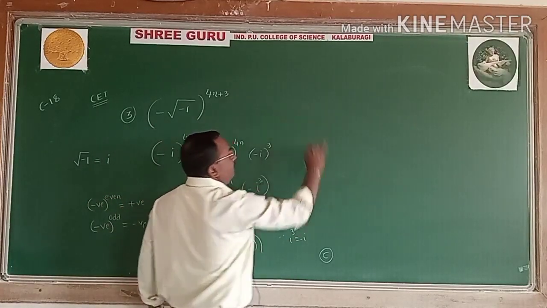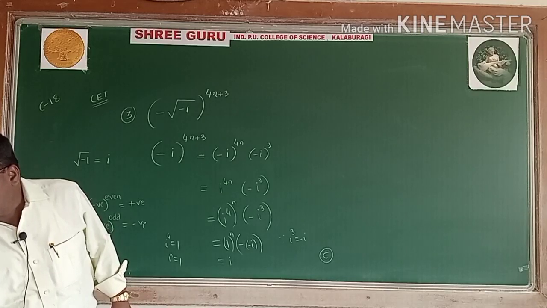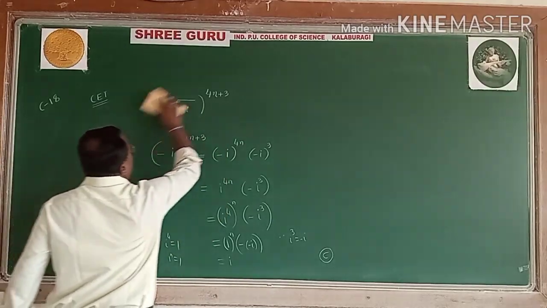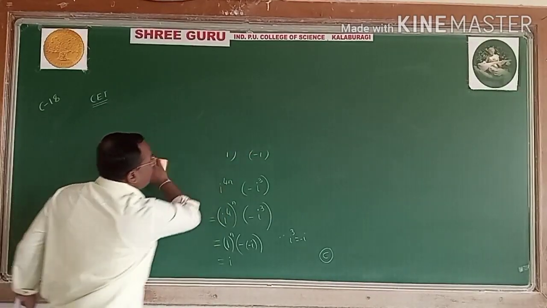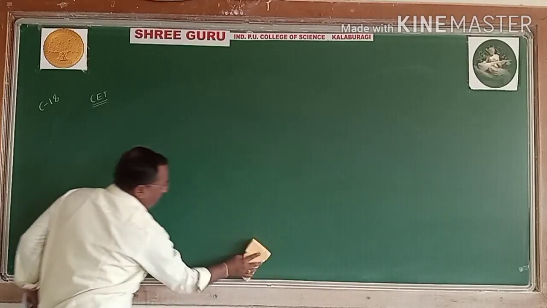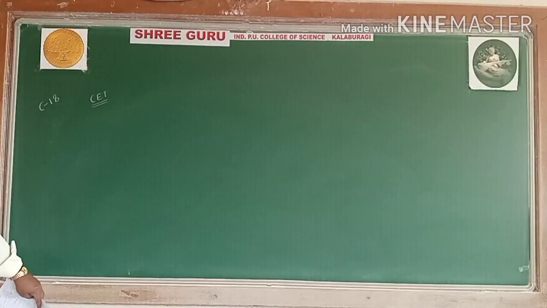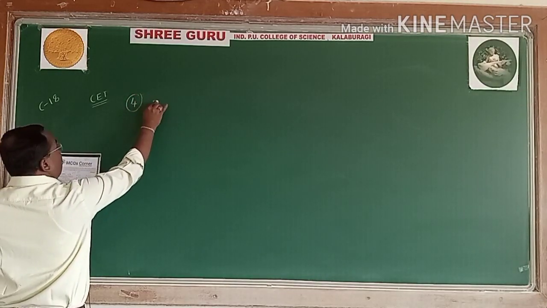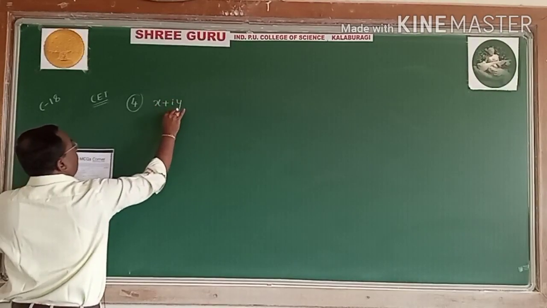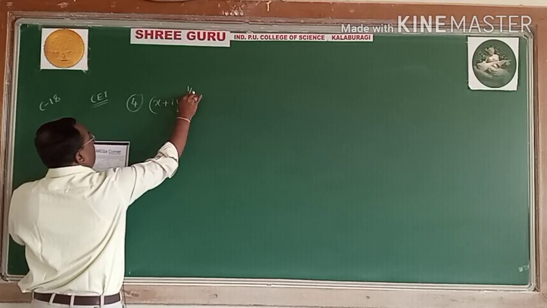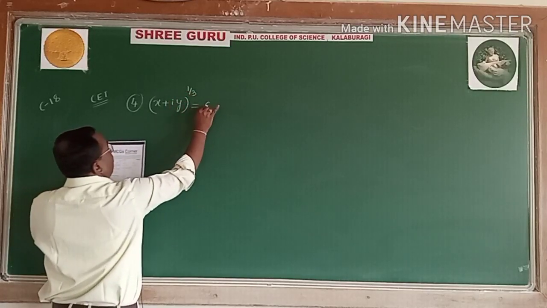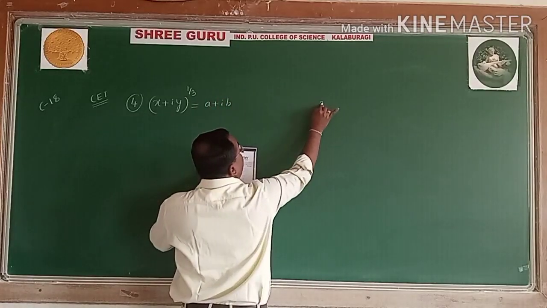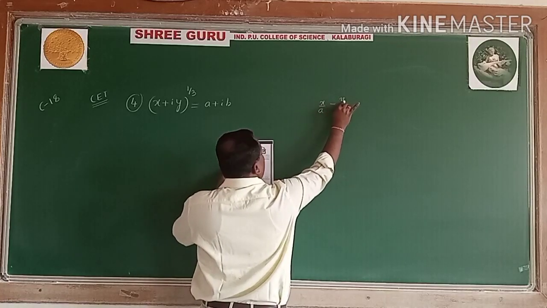Next, the fourth one, example number 4. Already the theory is complete. Fourth one: (x plus iy) whole to the power 1 by 3 is equal to a plus ib; find x by a minus y by b.